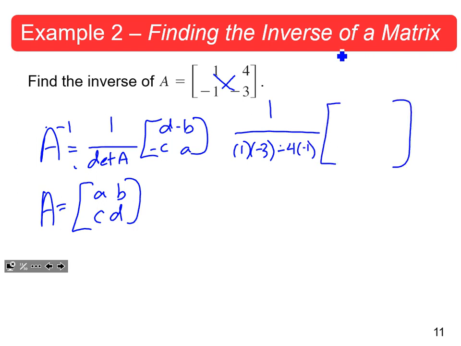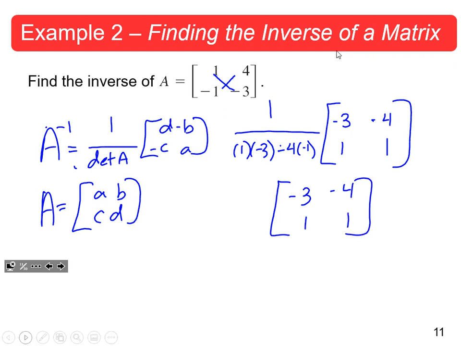Now the matrix part of it's kind of nice because we go negative 3, 1, those flip. The others become negative. 1 times negative 3 is... Now you can do this in a calculator by putting in matrix A and saying A inverse.